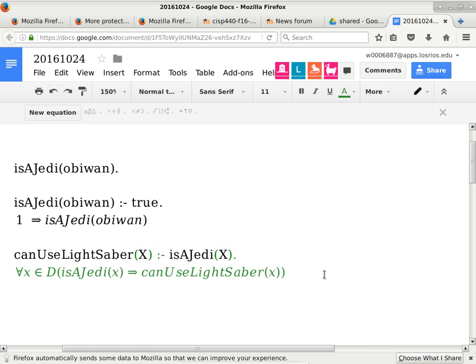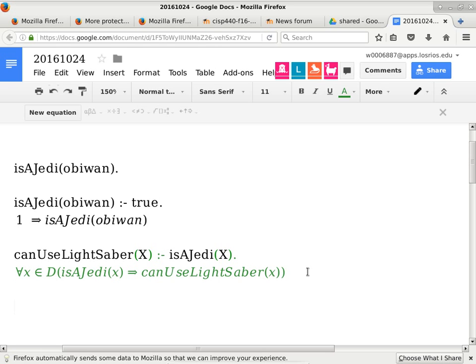So the part about X is in the set D is usually considered redundant because everything that we talk about has to do with things that we are interested in that universe. So that part is usually left out, but in this class, we can be a little bit more clear, at least at the beginning. Is that part okay?